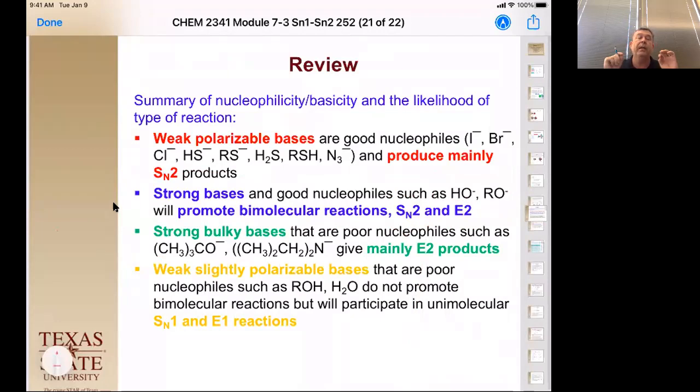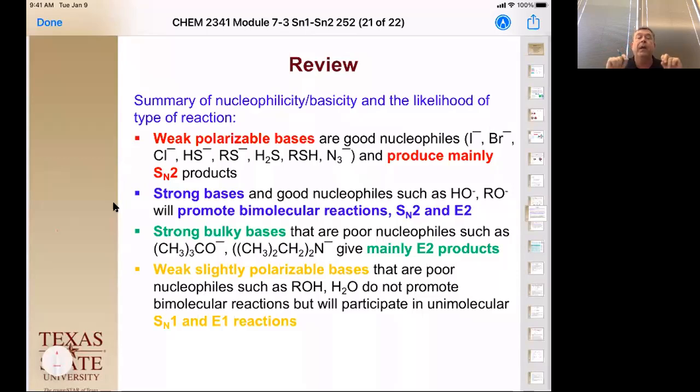So notice that in that list of nucleophiles before, I had hydroxide and alkoxide up there, but those are really strong bases. So all of our nucleophiles, except for those two, mainly produce SN2 products on primary and secondary substrates, okay? Tertiary, it's kind of hard, and tertiary doesn't do the SN1.